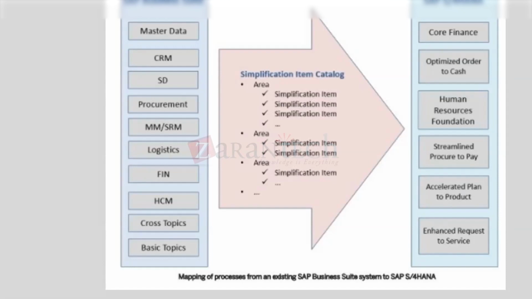These are the sub areas within logistics. Within finance you have accounts receivable, accounts payable, controlling, product costing, and so on. These are the sub areas within the finance domain. I'm trying to familiarize you with the various terminologies associated with the SAP ERP software.